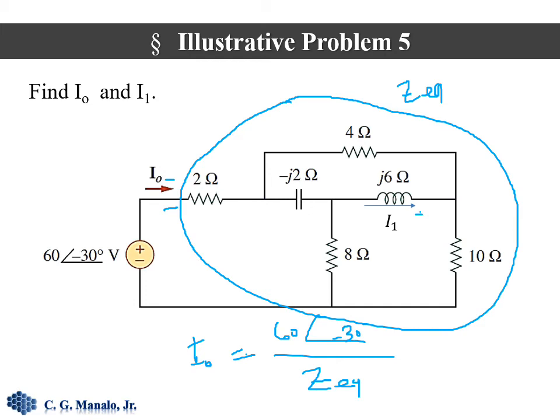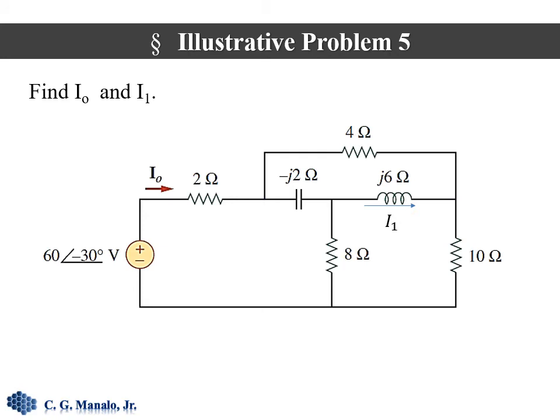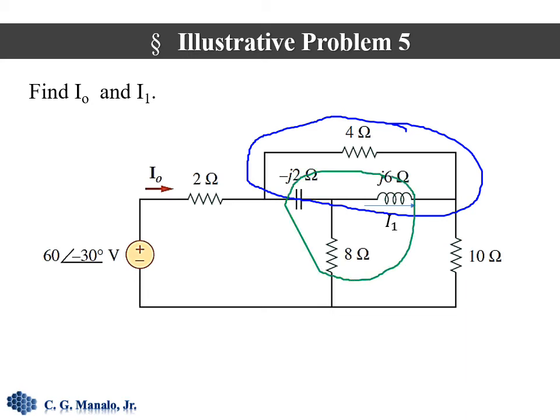Now there's a bit of a challenge here because this part here is really a delta part of the circuit, or this one is a Y. So we could not directly simplify this without transforming that part of the circuit.